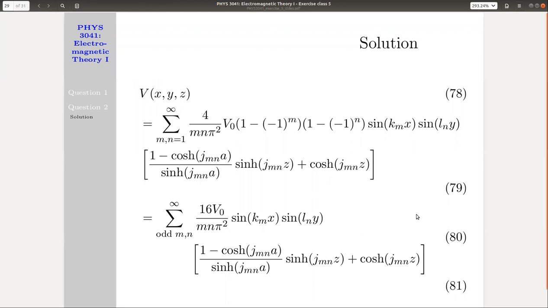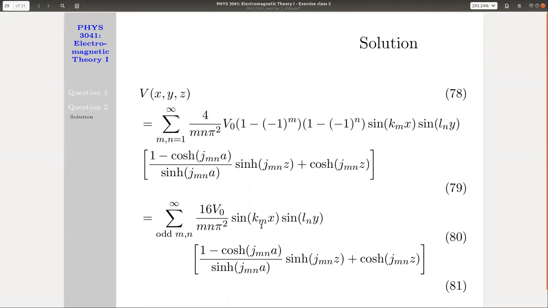And then the next thing is to put all the coefficients, the CMN and the DMN, into the general solution and make it more organized. And then you should be able to get equation 79 here.